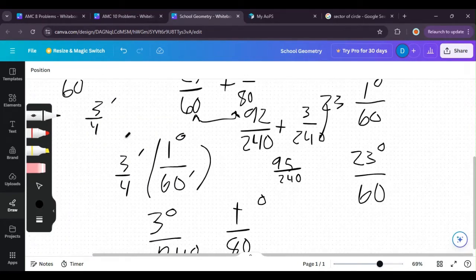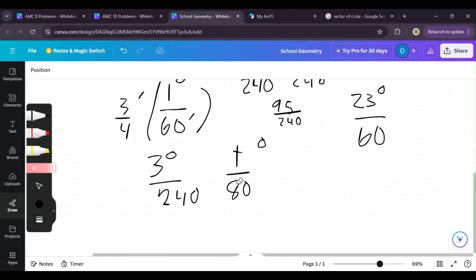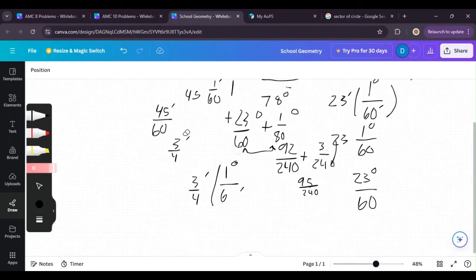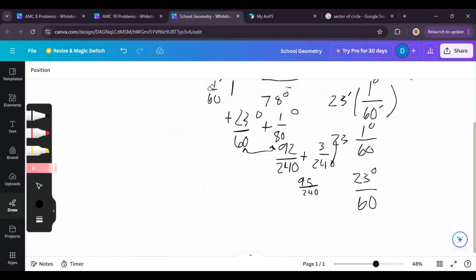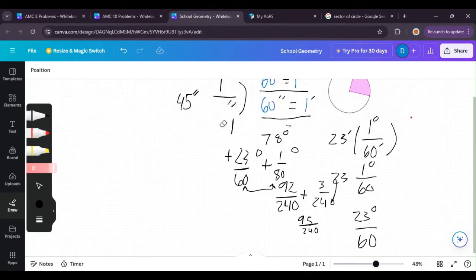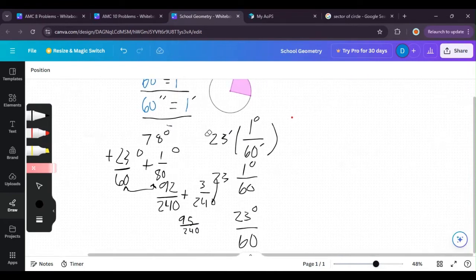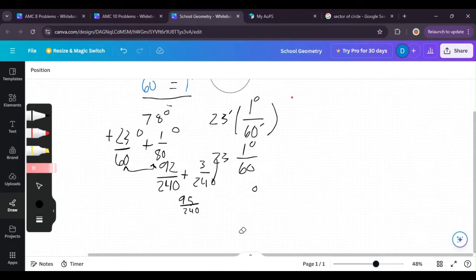So let me get rid of all the stuff on the side. Alright, once I get rid of everything on the side, we can simplify this fraction even more.